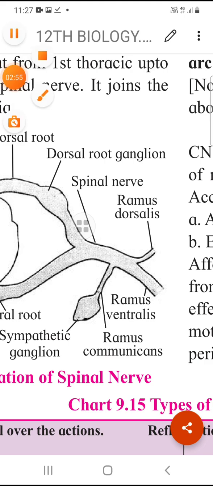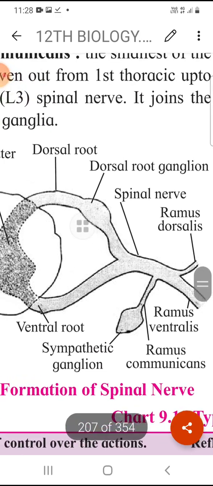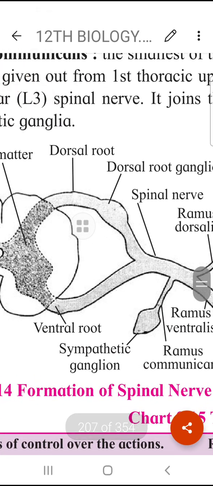We've already done cranial nerves. They were mixed, motor and sensory; we have three different types. But in spinal, it's going to be only mixed type because it is formed by sensory plus motor, right? So you have to draw this diagram, TS of the spinal cord, and how the extension comes out from here.